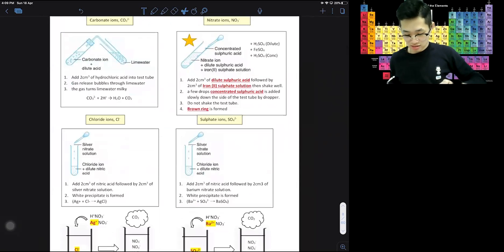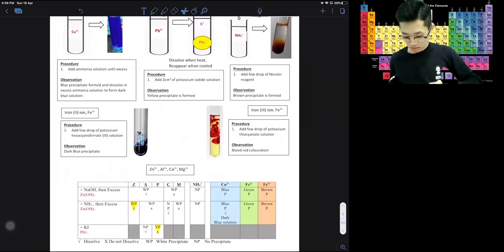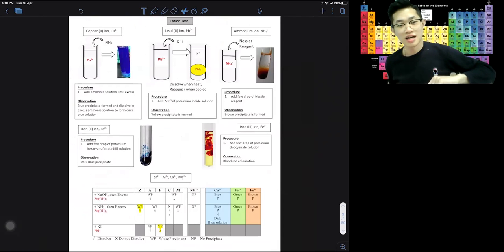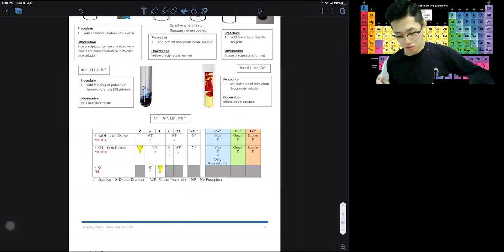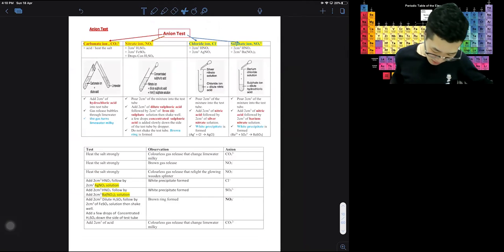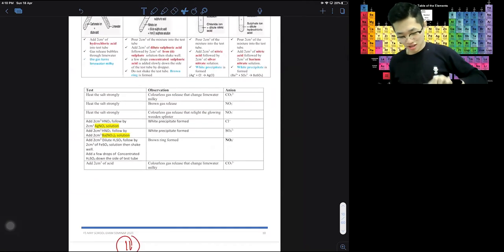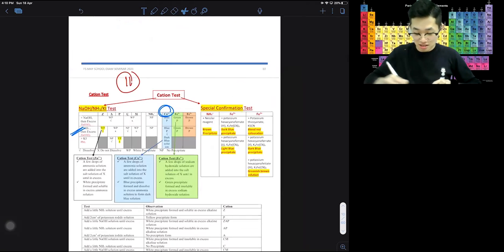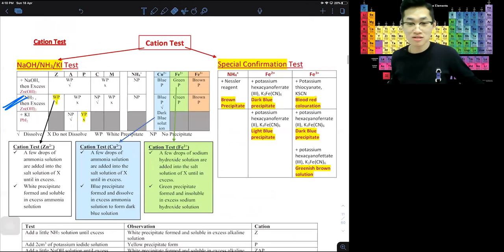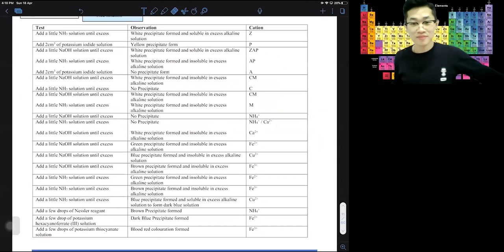Okay, next. Okay, ion test. The last one. Wait, not the last one. Okay, this one is the last. We screenshot this one two times. Okay, this one time, and the exercise like that.